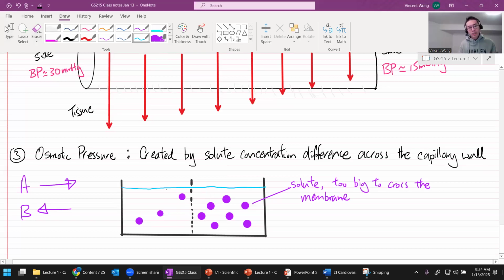The water is actually going to move to the right side to help balance out the concentration. Things always try to achieve the same concentration on both sides whenever they can. So as water moves to the right, you will dilute the right side, and the left side is going to get more concentrated, and eventually they might balance out.